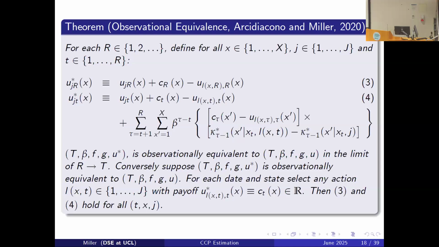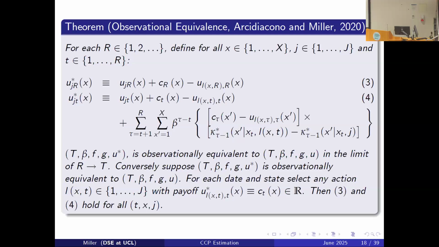Now we ask, could those set of conditional choice probabilities be generated by some other model? Answer, yes. What properties would that model have? Well, you can add one normalizing utility per state, set up your other ones that way, and then it will yield the same data generating process.